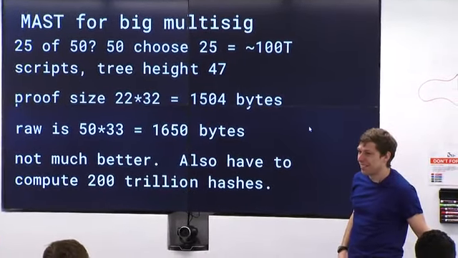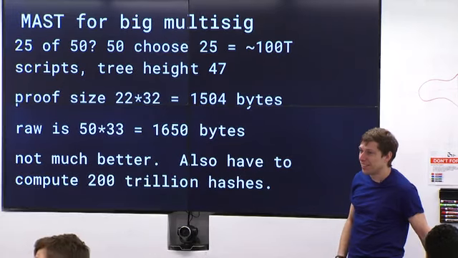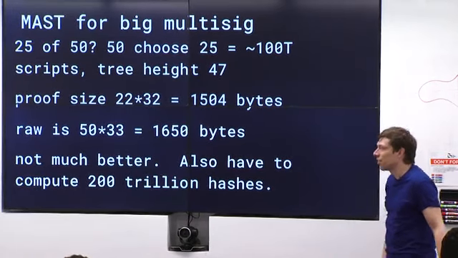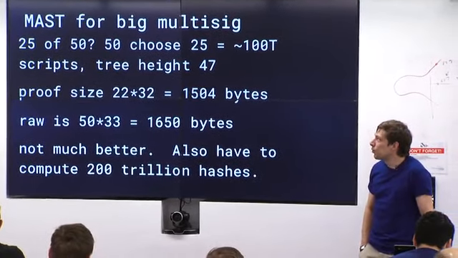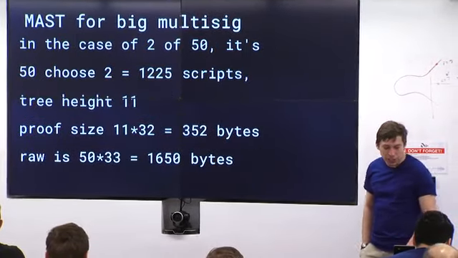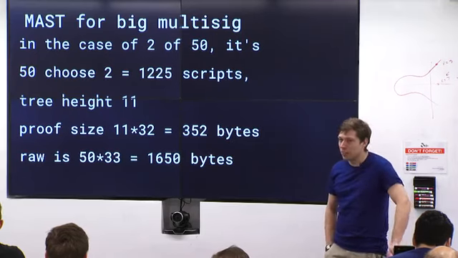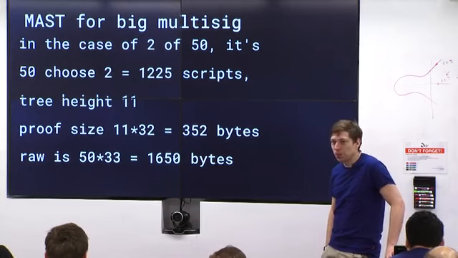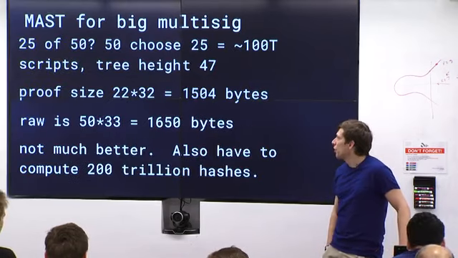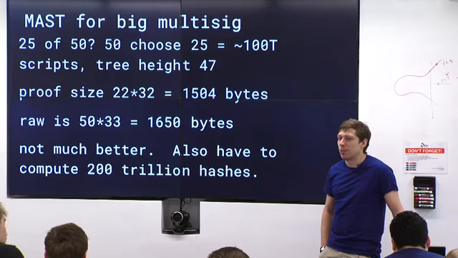Are you going to get into the kind of fungibility issue there? Oh, yeah. So part of it is, compare these two. If I show a tree height of 10 or 11, that's weird. There's like 1,000 different scripts around in this tree. If I show a tree height of 47, that's really weird.